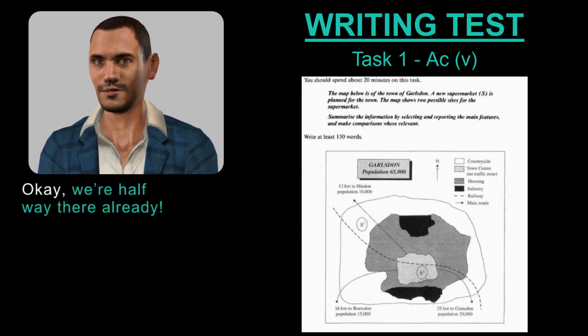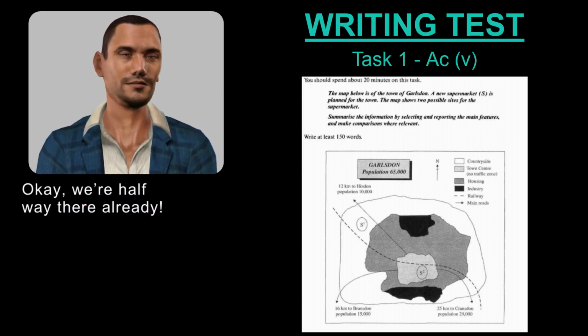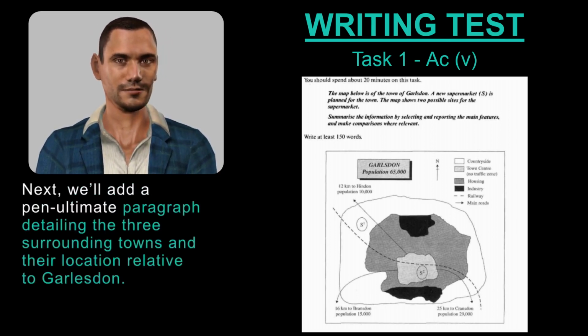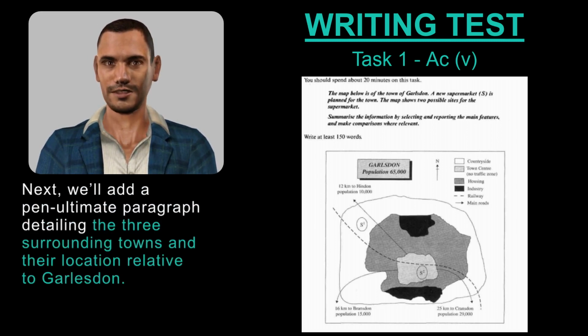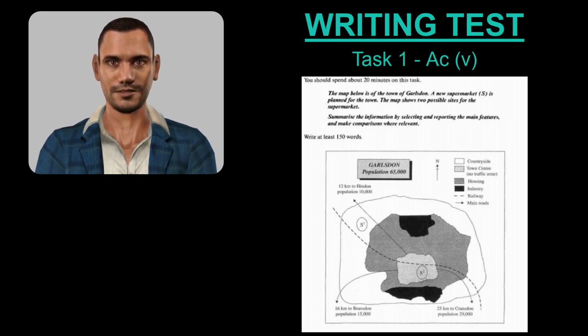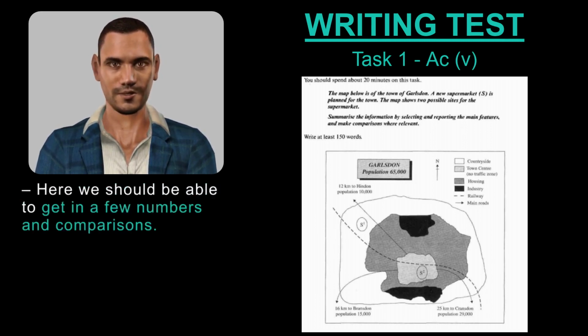Okay. We're halfway there already. Next, we'll add a penultimate paragraph, detailing the 3 surrounding towns and their location relative to Galston. Here, we should be able to get in a few numbers and comparisons.